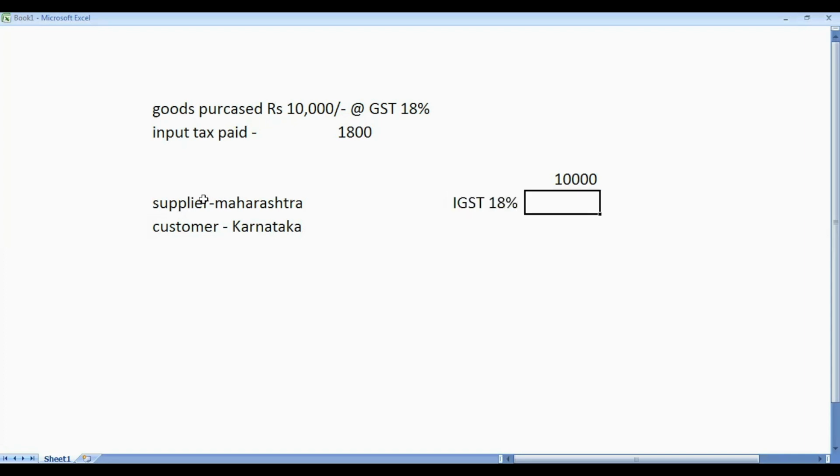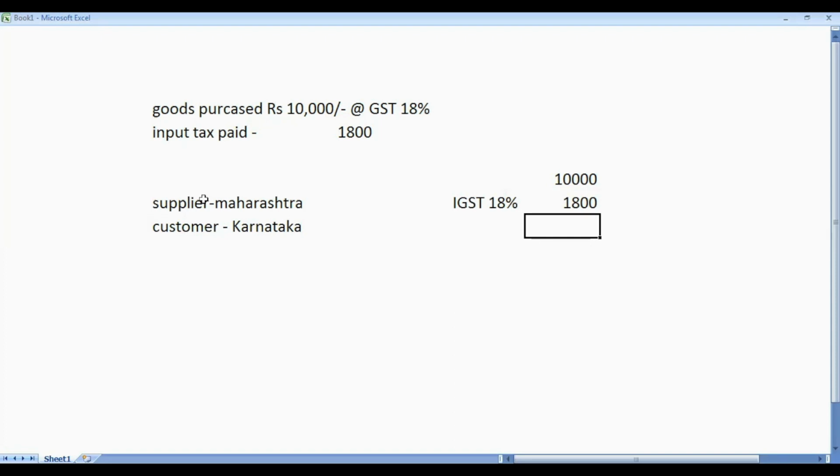The whole amount will go to the central government, and after the calculation, the central government will give half of the amount to that particular state, Maharashtra or Karnataka, whatever.